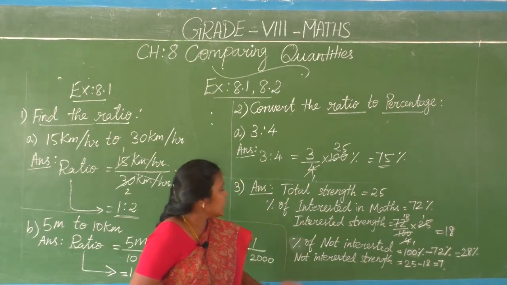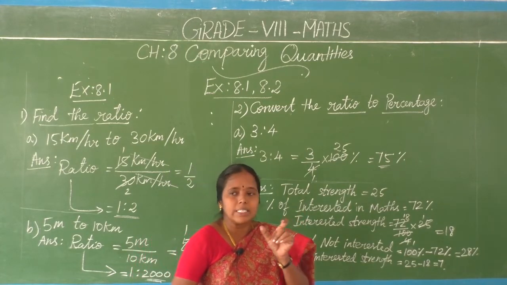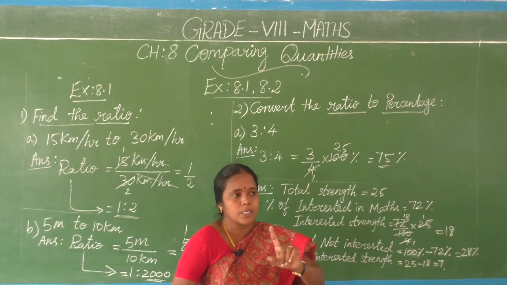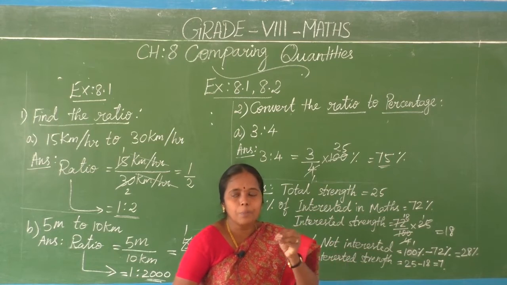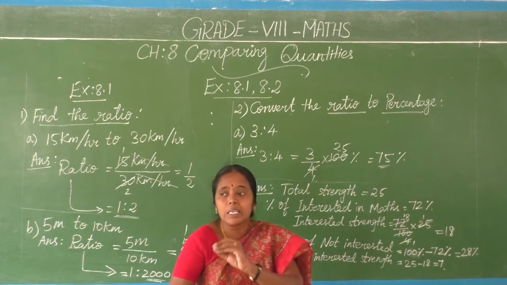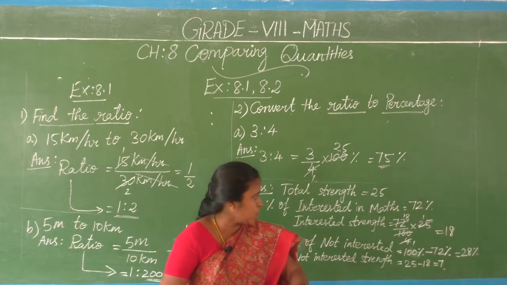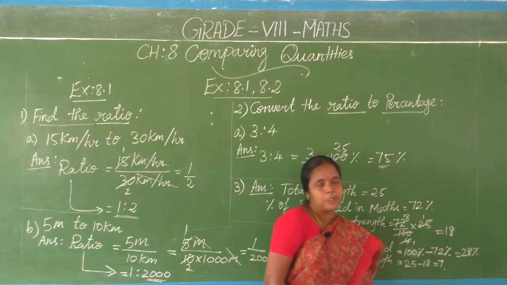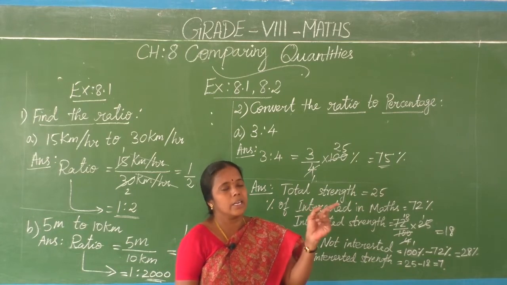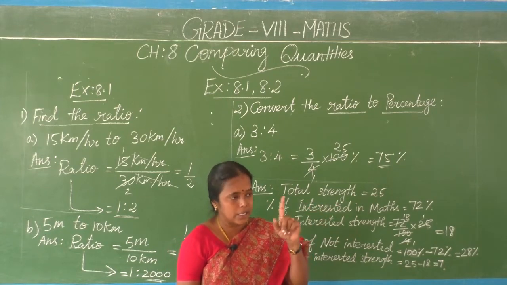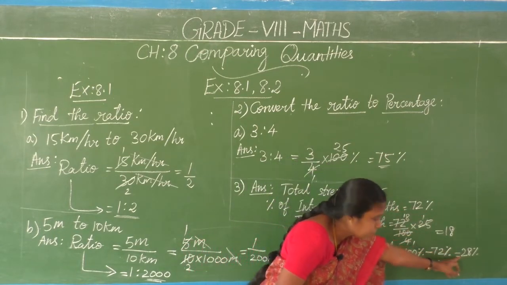If they ask the answer percentage-wise, we can subtract immediately, because percentage means 100. Among 100%, 72 liked maths. For the percentage not interested in maths, we subtract 100 minus 72, which is 28%. Percentage-wise, if they ask the answer at 1 mark level, you can subtract the given percentage 72 from 100 and get 28%.